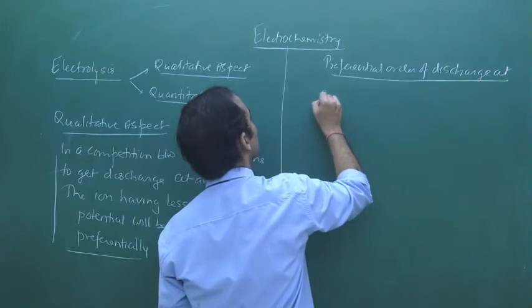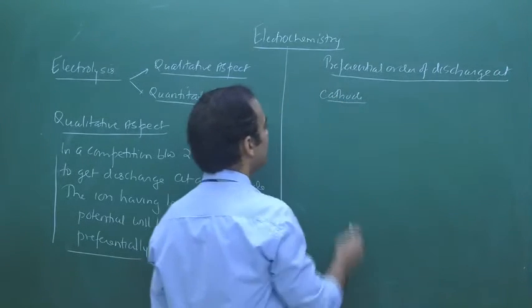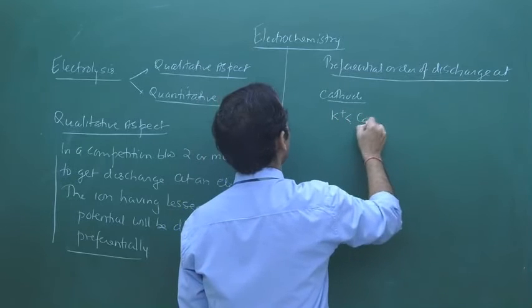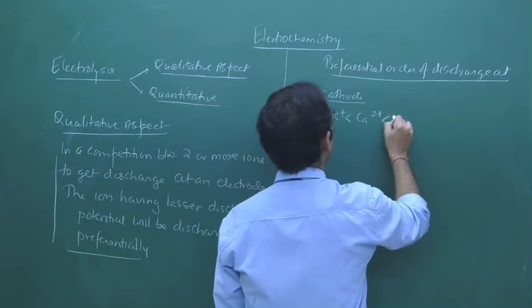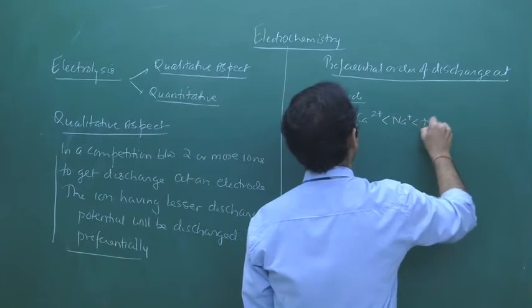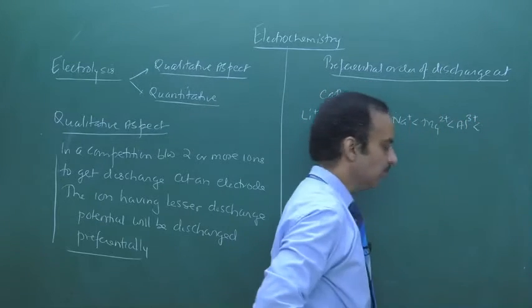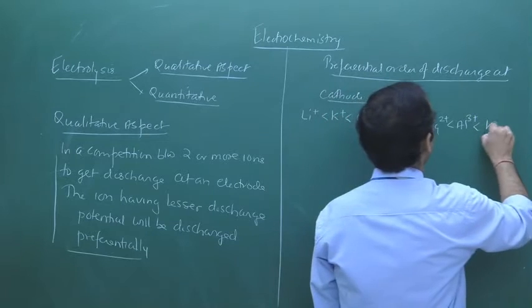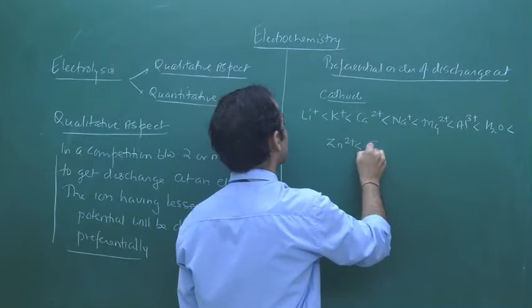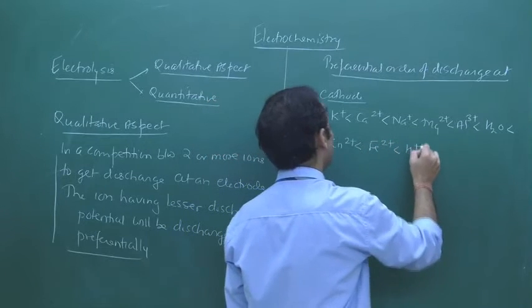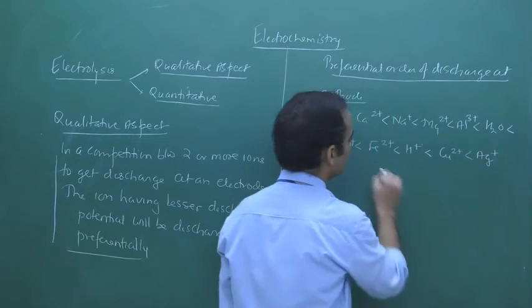It is K+, Ca2+, then Na+, then Mg2+, Al3+, then water, then Zn2+, Fe2+, H+, Cu2+, Ag+.